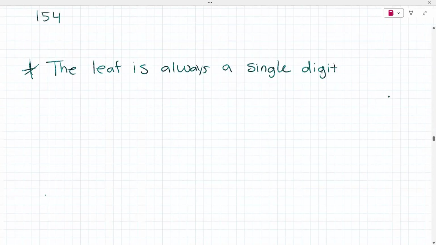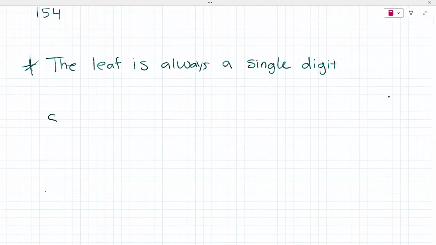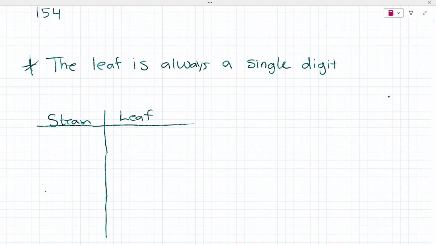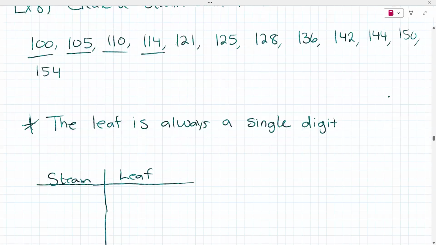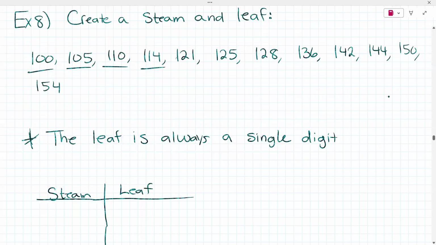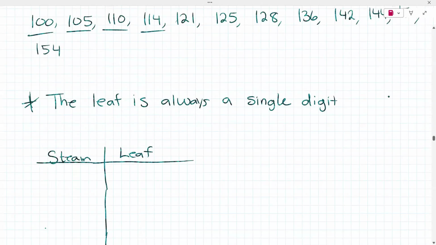Okay. So let's make our stem and leaf. Because these numbers are in order, let's start with the 100. There are four numbers that involve the hundreds. Because this is two places, for the 100 we're going to replace the stem as 10, not 1.